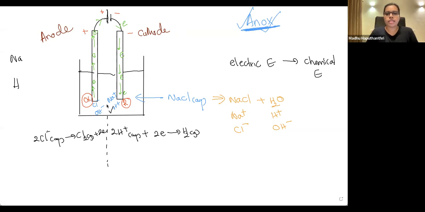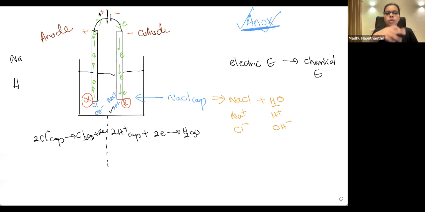So this is pretty basic. It's very logical. Start from the battery, put plus and minus, and accordingly put the polarities for the two rods, positive to positive, negative to negative.